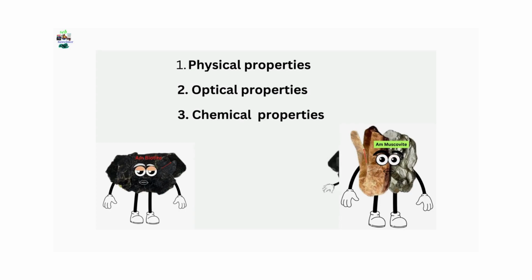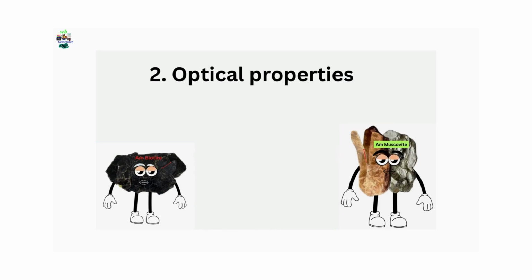So we have seen the physical properties of biotite and muscovite, and the second most important is optical property. If we are confused about mineral identification from physical properties, we make thin sections of that sample and examine the thin section under the microscope.